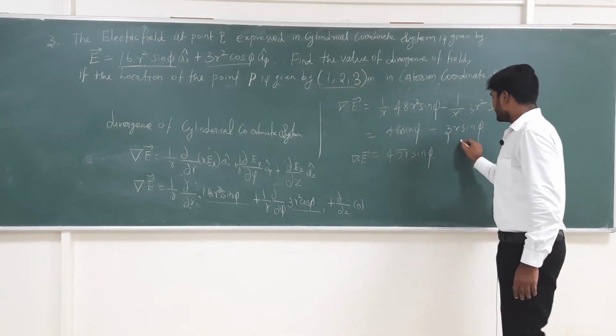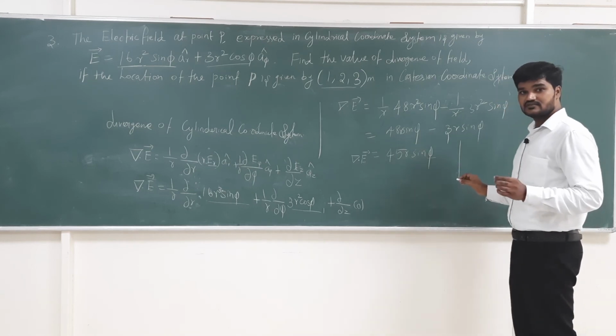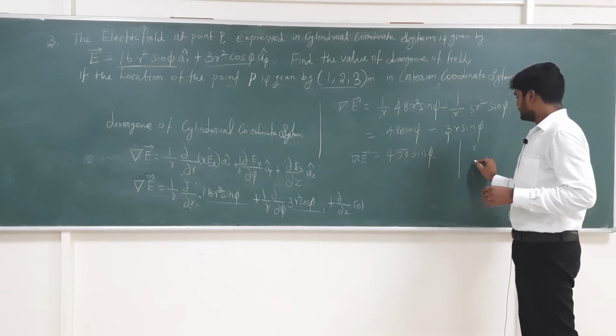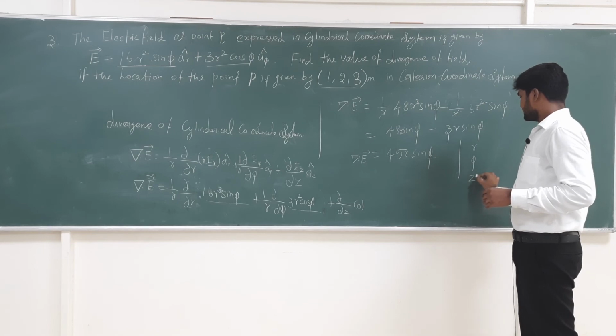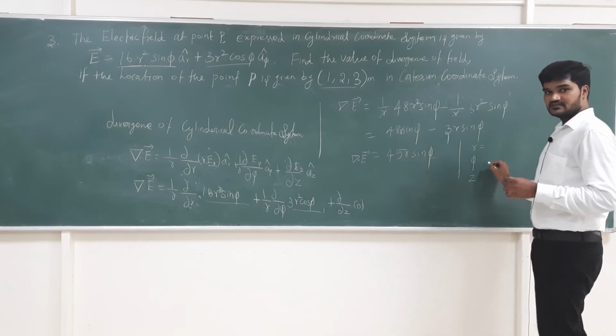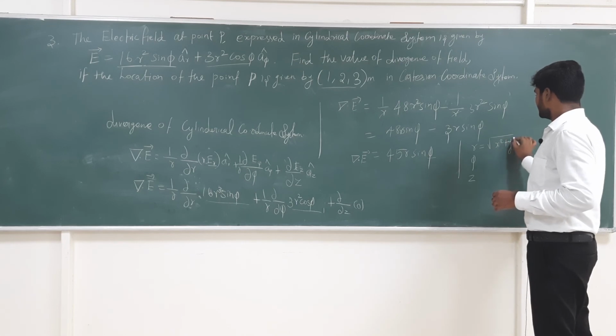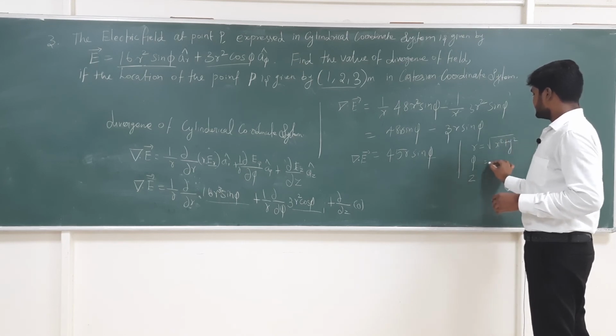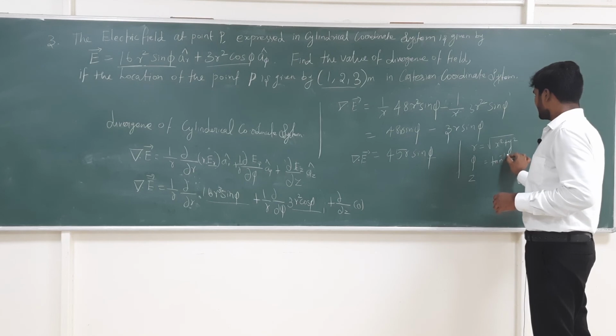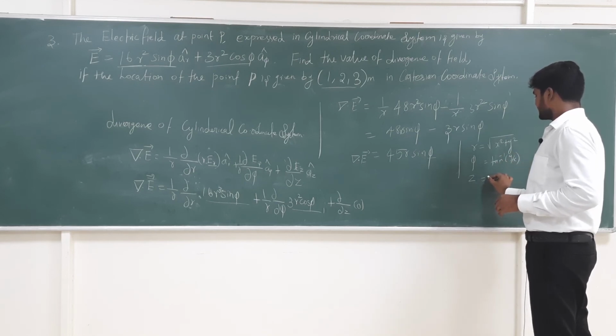Already we know the cylindrical coordinate system is a function of r, φ, z. The conversion: r is equal to root of x square plus y square, φ is equal to tan inverse of y by x, and z is equal to z.